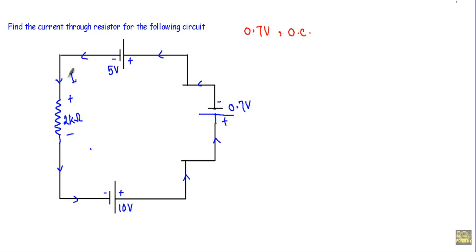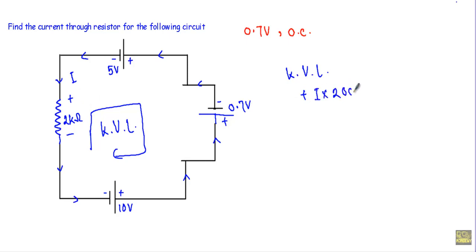Now I will calculate this current by applying KVL in this circuit. If I apply KVL in clockwise direction, from this terminal to this terminal I will encounter this 2 kilo ohm resistor. Its negative polarity first, positive polarity later, so its voltage will be positive, plus I into 2000.